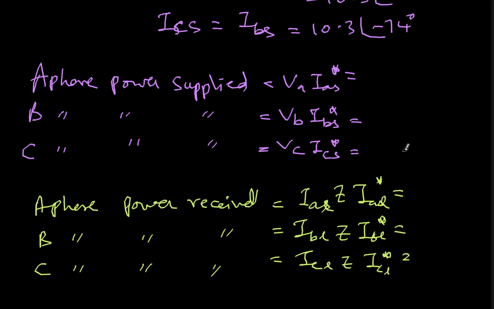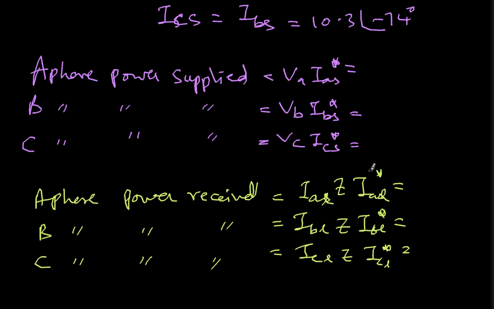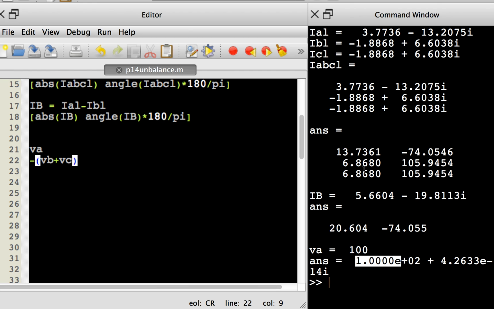So let's do that. I go back here. IAS is nothing but IA divided by 2. IBS is nothing but minus of IAS. ICS is nothing but IBS itself.